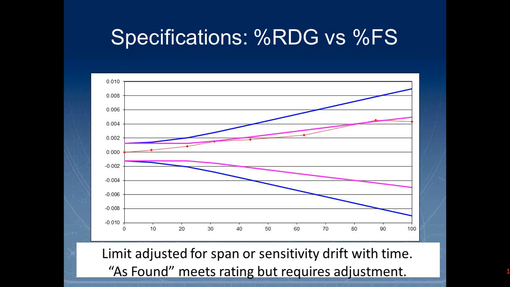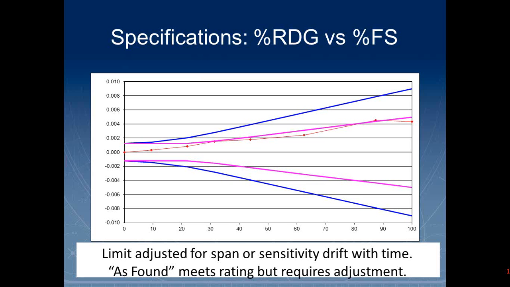So for the as-found reading, assuming that it has been, let's say, 1 year since the last calibration of this device, we actually have a wider band that it can be in before we would say that it doesn't meet the specification, before we say that it's out of tolerance, at least the as-found tolerance.